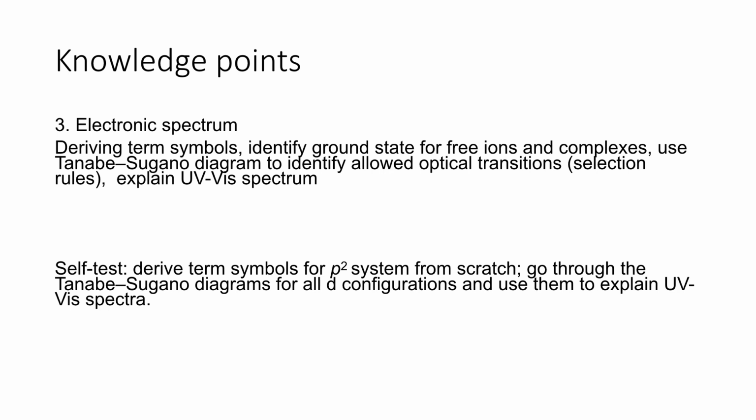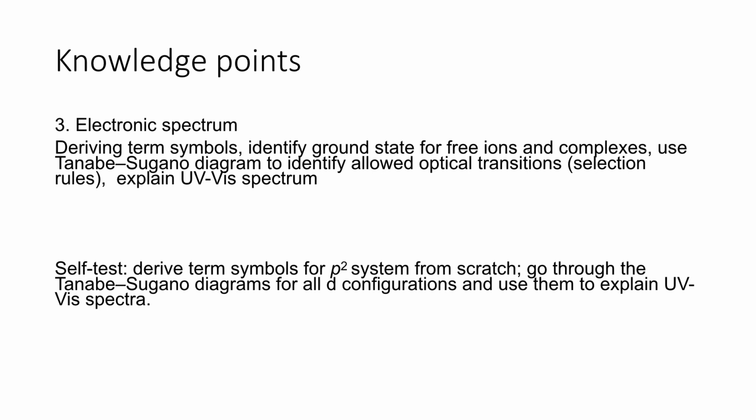For a system that is less than half-filled, there's one rule, and for a system that is more than half-filled, there's a different rule. Okay, so I leave that to you to figure out exactly what rule applies to what scenario. So that gives you a way to identify the ground state for free ions.